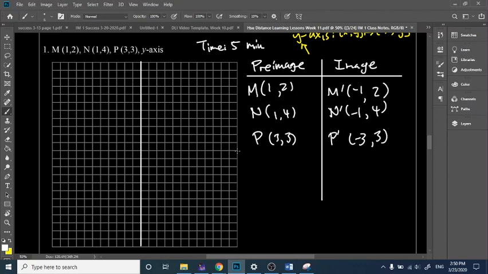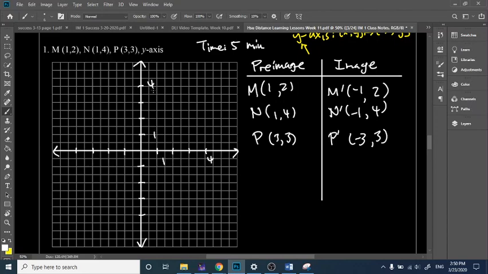Let's see, so we need a maximum of 4. So let's just go 4 all around. So 1, 2, 3, 4. You don't have to do yours exactly like mine. I just like to skip one in between so that it's easier to see. I know that if you're using graph paper, that is a lot more expensive than regular paper.